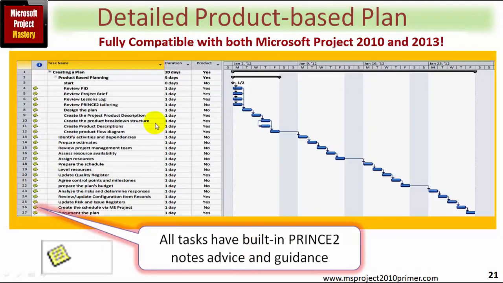I've also included a more detailed version of creating a plan, including product-based planning. To remind you again, all tasks have built-in Prince2 notes, advice and guidance. You'll notice that I've set by default all tasks to 1 day duration, so it's easy for you to apply resources and to estimate the accurate planned duration from the very start.